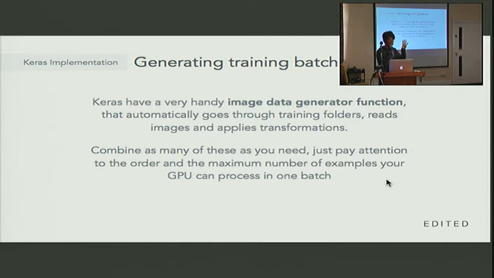You just say, okay, go to this folder where I have all my pictures and run all these transformations there. But this is optimized for one task. So what you need to do is create multiples of this, and you need to pay attention when you're generating the batches that you have enough examples of each one of the generators in your batch. And obviously, that it fits on your GPU.